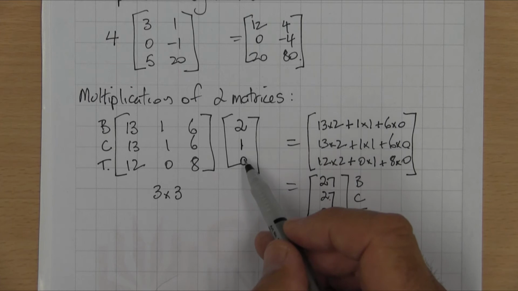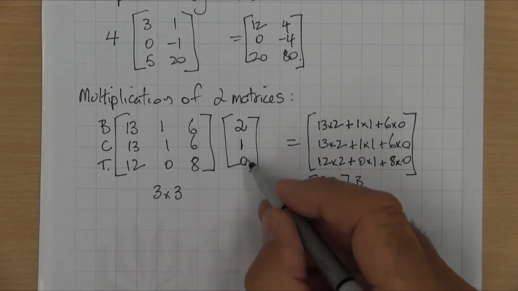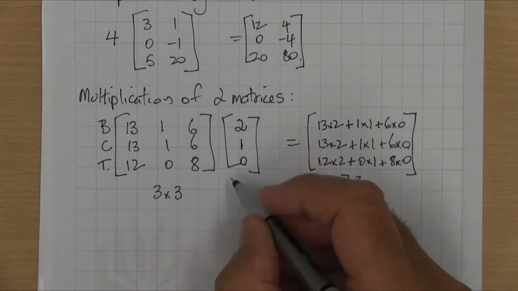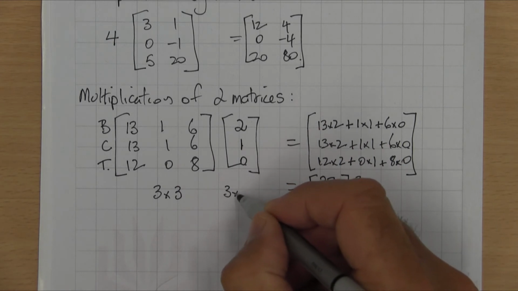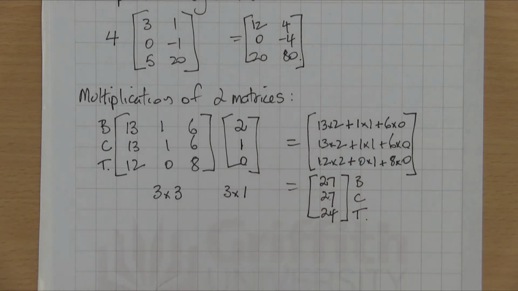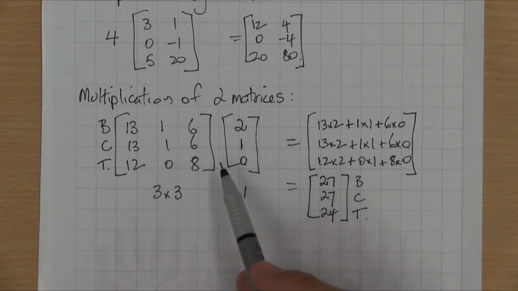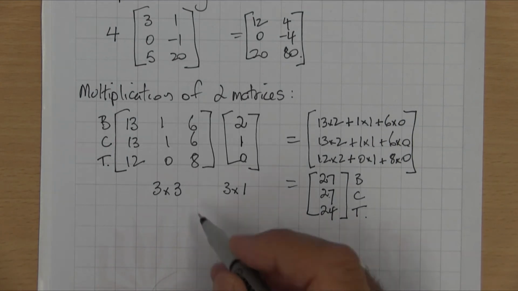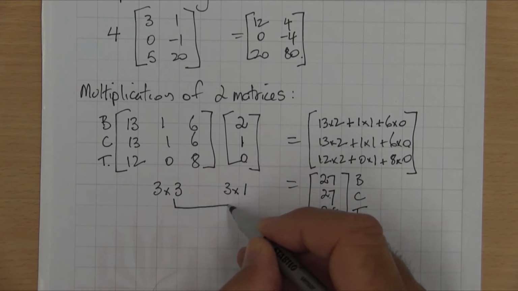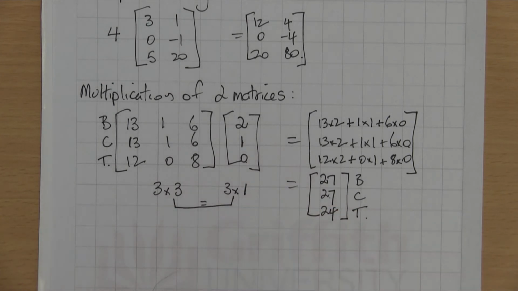What are the dimensions of that matrix? This is how many rows? 3 by 1. Only one column. And this is an important concept when you do multiplication of two matrices. The innermost dimensions must be equal. If they're not equal, you can't multiply them together.